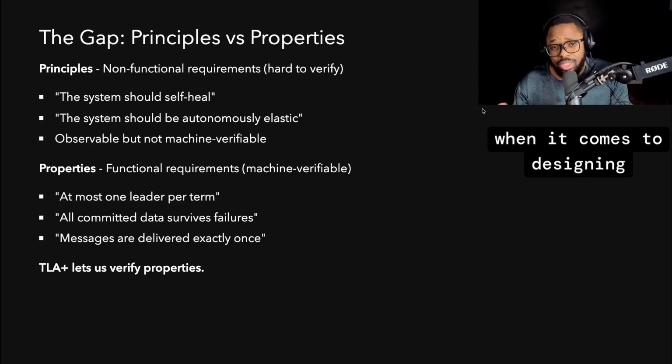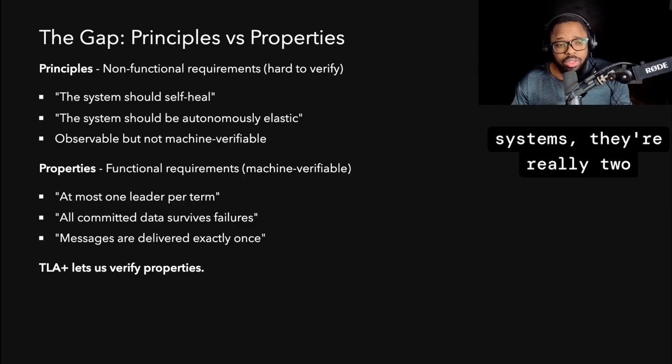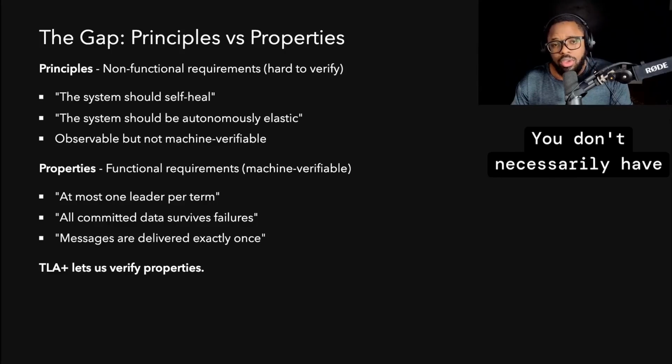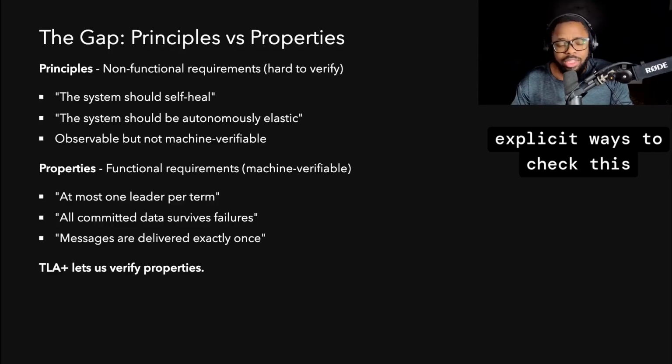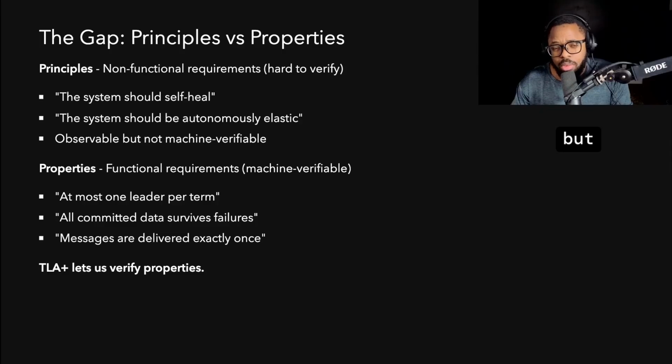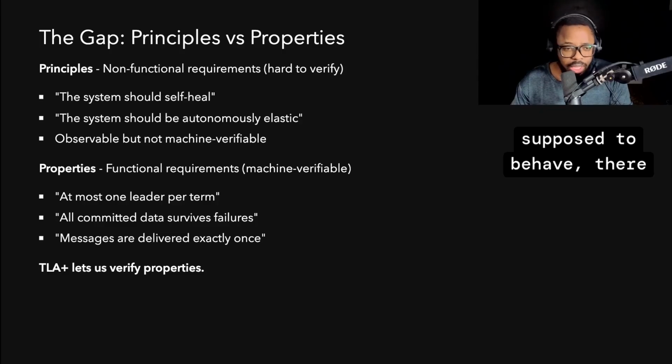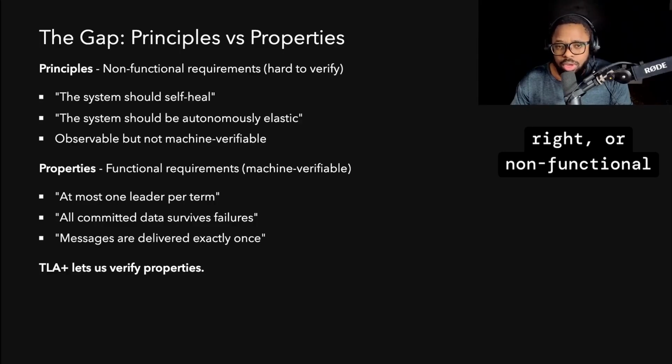When it comes to designing systems, there are really two things, principles and properties, right? Principles are more like non-functional requirements. You don't necessarily have explicit ways to check this directly in your program, but for the system as a whole, when you think about the way it's supposed to behave, there are certain principles, or non-functional requirements, that we expect.